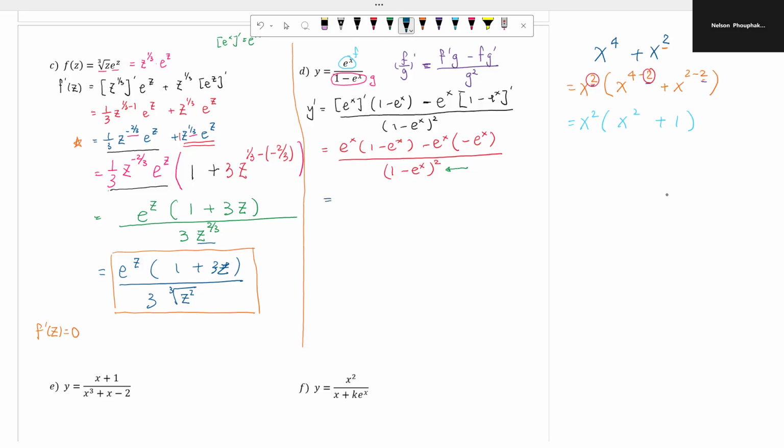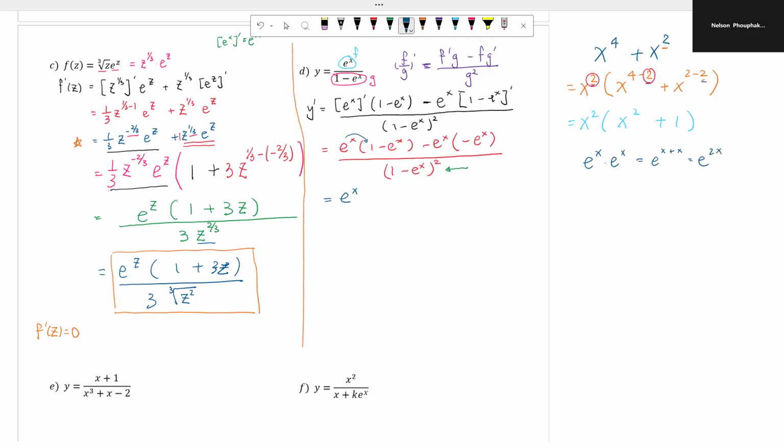So I will have e to the x, and e to the x times e to the x is e to the x plus x, so I have e to the 2x.